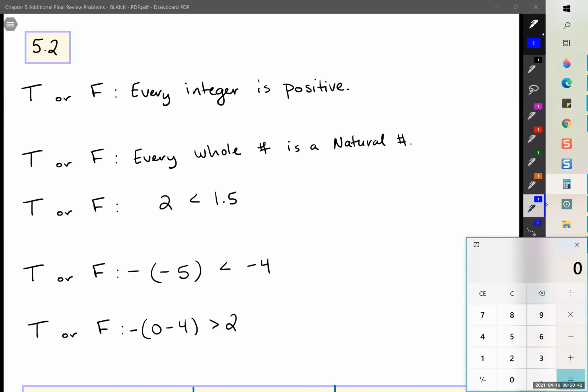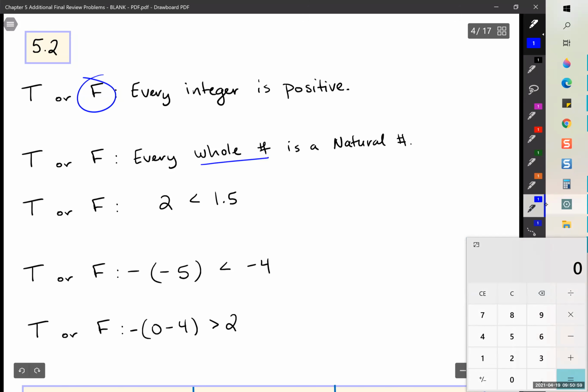So for our first statement, every integer is positive. We know that's false because the integers not only include things like 1, 2, 3, 4, but they also include 0, -1, -2, -3, etc. Okay. Now every whole number is a natural number.